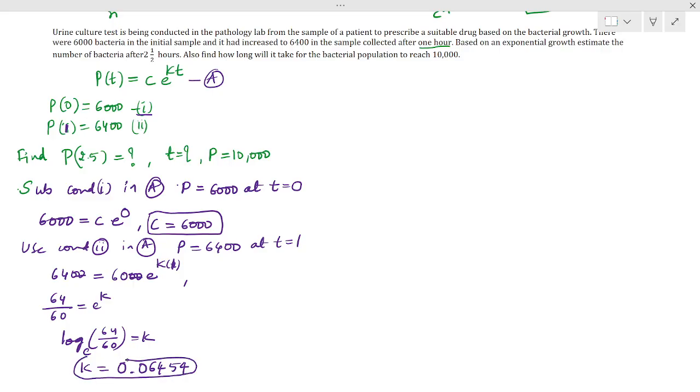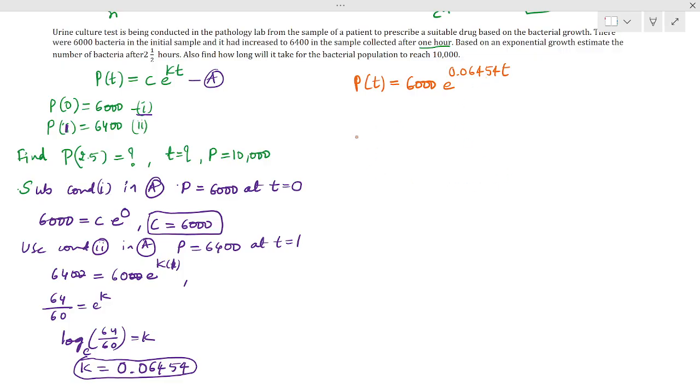Once you get the values of c and k, you can round it. So we have got both the values k as well as c, and we substitute in the population model. The population model becomes P of t is equal to 6000 into e raised to 0.06454 t.